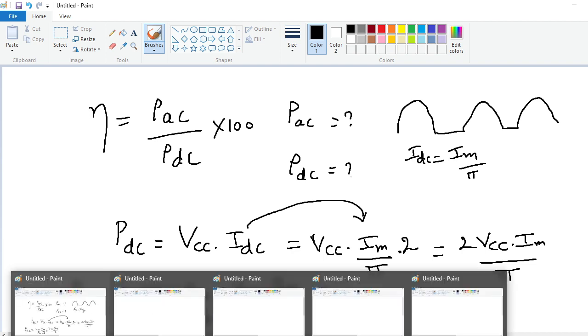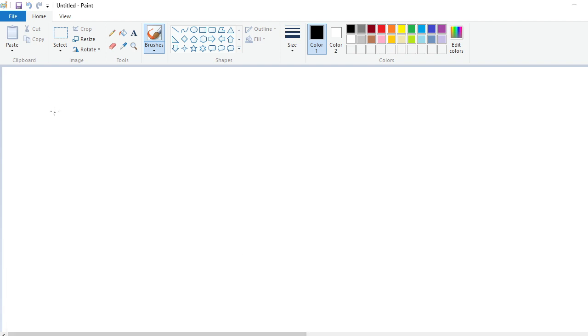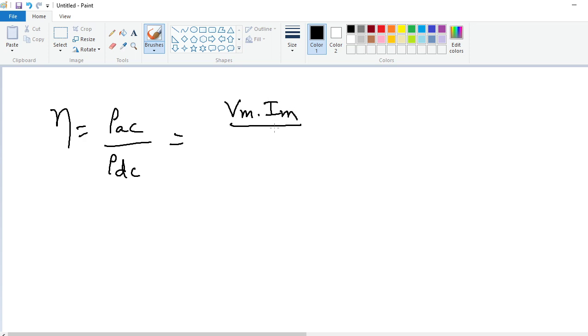So therefore efficiency is equal to AC power by DC power. AC power is equal to Vm into Im divided by 2. DC power is equal to VCC into Im by pi. But here two transistors are used. So 2 into VCC into Im by pi.